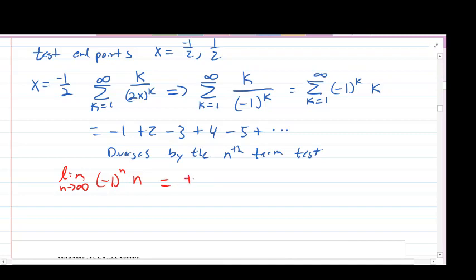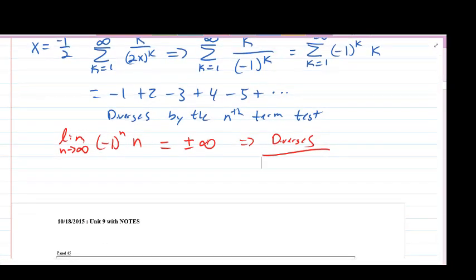So that's going to be essentially plus or minus infinity, so it diverges. All right, so the minus 1/2 is not included.